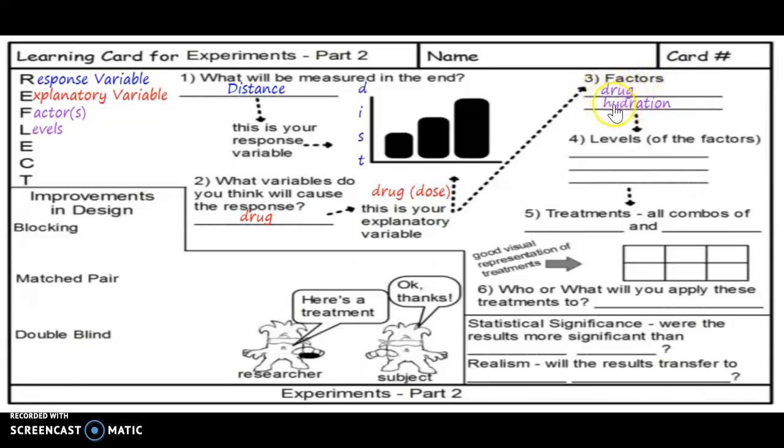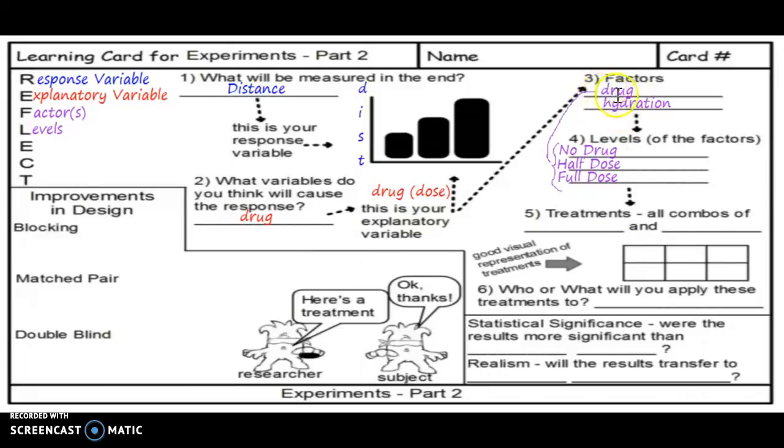Now, once we figure out what the factors are going to be, each one of these factors has levels. You can see number 4 here says levels of the factors. So let's start off with our drug factor. There's actually going to be 3 levels for our drug factor. The 3 levels will be no drug at all, a half a dose, and a full dose.